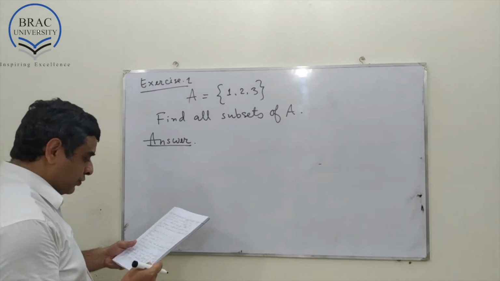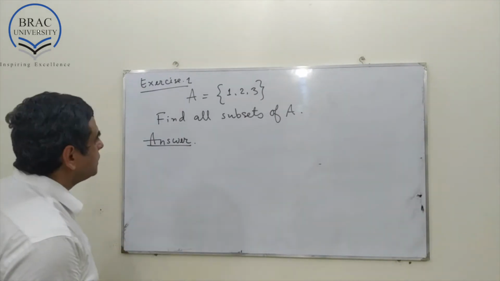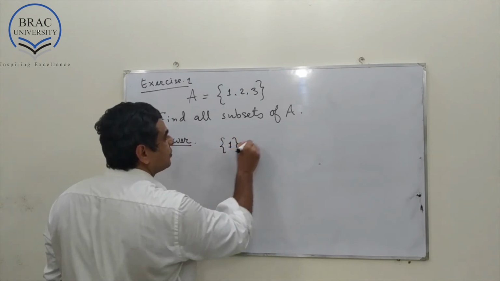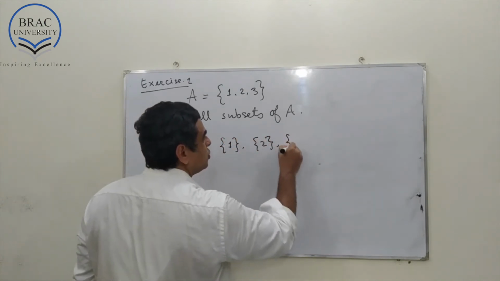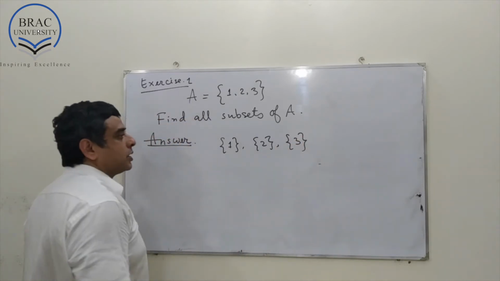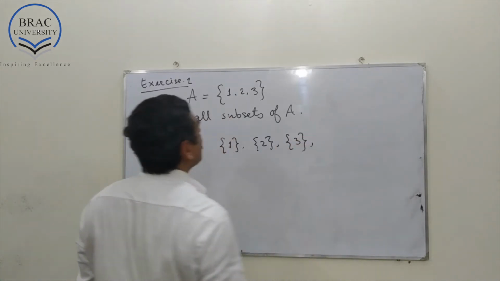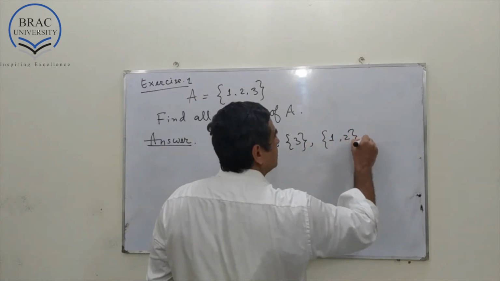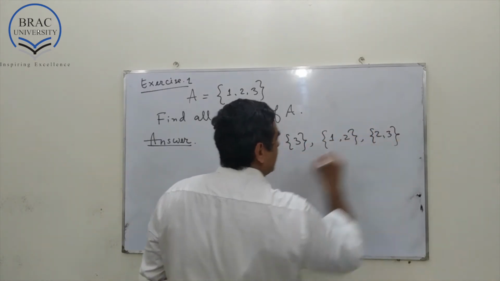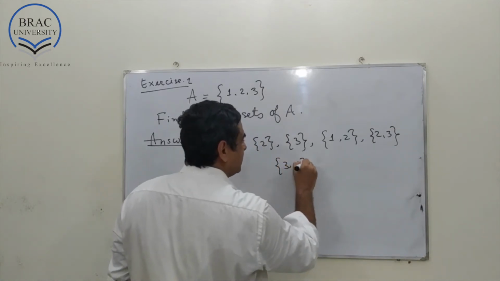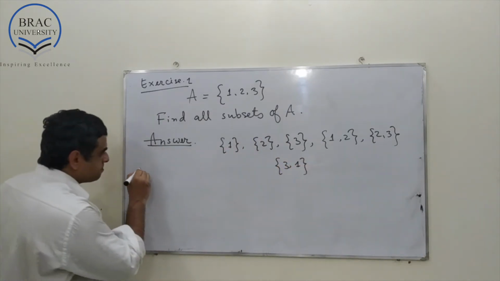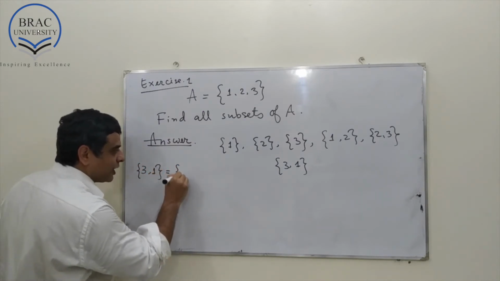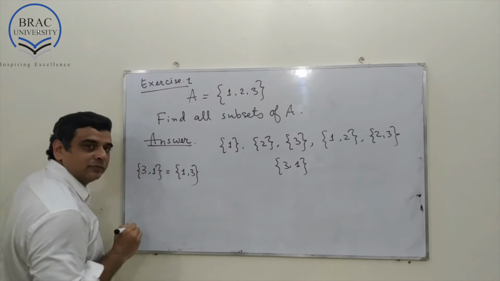So there are 8 possible subsets. You can immediately see that the single element subsets are 1, 2, 3. There are 3 possible 2 element subsets: 1, 2, 2, 3, 3, 1. By the way, note that the set 3, 1 is the same as the set 1, 3. Okay?